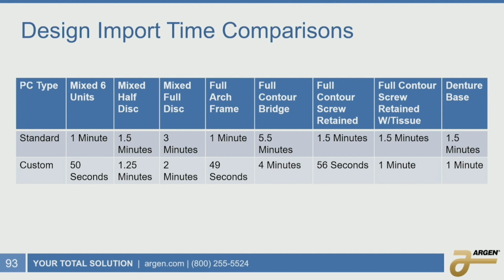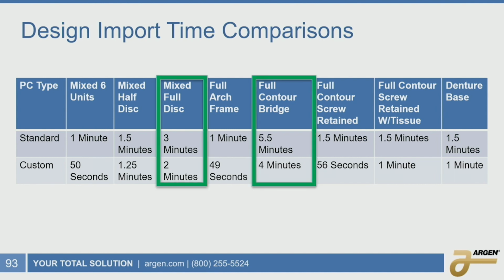So you can see here what a standard average PC is doing for your full contour, and this is for import times, how long it takes to bring in those STL data and get it inside the system. So we're taking minutes off of every job. And that's just for a single full contour bridge or just a mixed full disk.